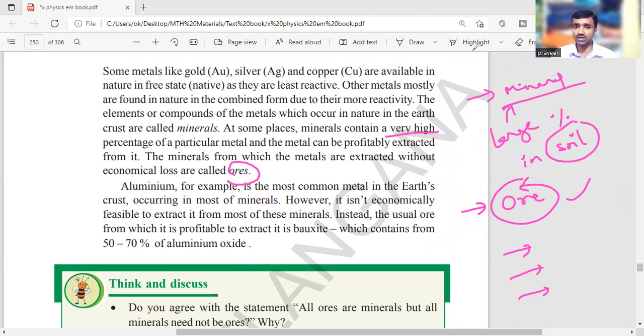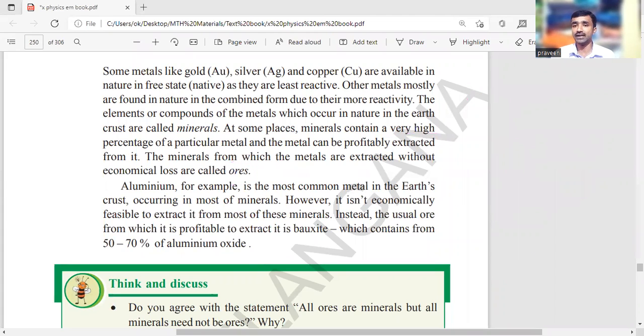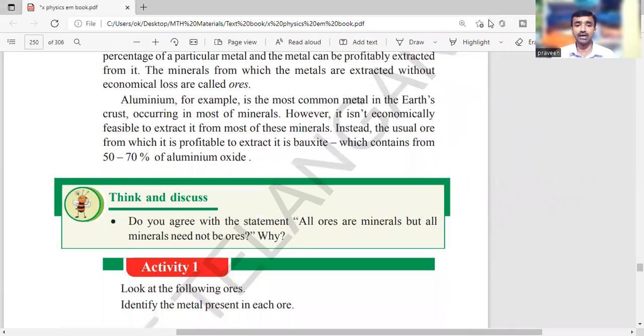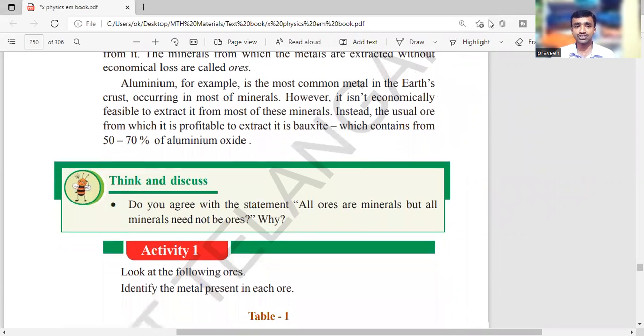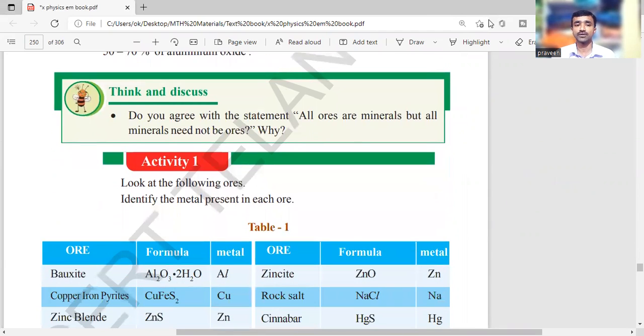So this is about mineral and ore, the difference between mineral and ore. Every substance is not considered to be an ore.